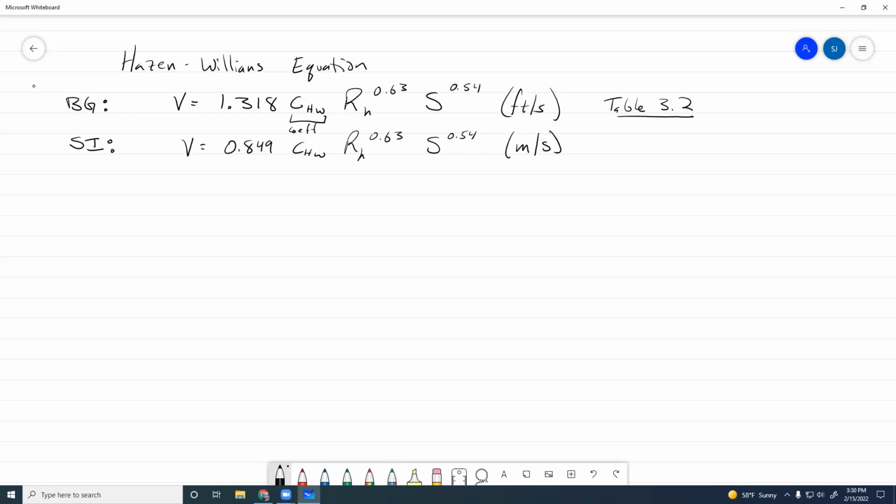Yeah, so if we were to say, for example, the hydraulic radius, this would be in feet and this would be in meters. There's going to be a difference in these numbers, right? But if I exponentiate them to 0.63, you just get a constant out of it, right? It's not a variable, it's just a constant. So that constant is accounted for in these coefficients.